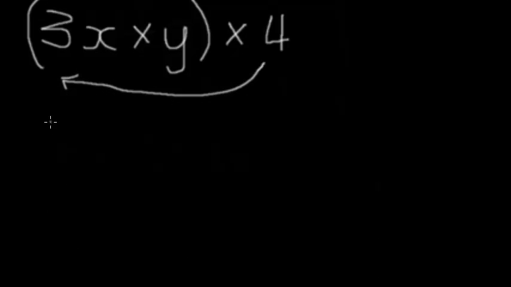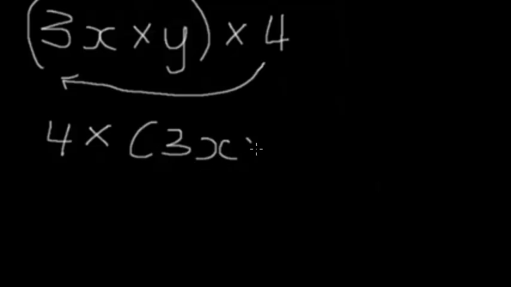So it can become 4 times 3x times y. Now this one, it just changes where 4 is positioned, and yet it will still stay the same answer when you simplify it later on.